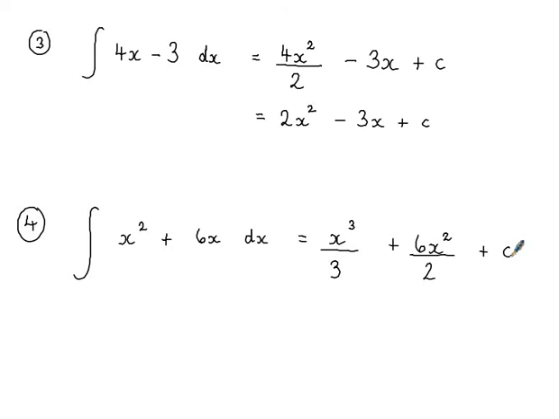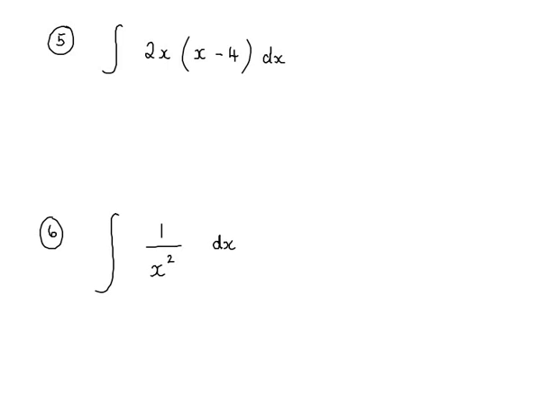Cancel down where you can, so this fraction can't cancel, so leave it as it is, x cubed over 3, 6 divided by 2 can cancel to give you 3x squared, and then again keep that constant on the end, so keep the plus c on the end.